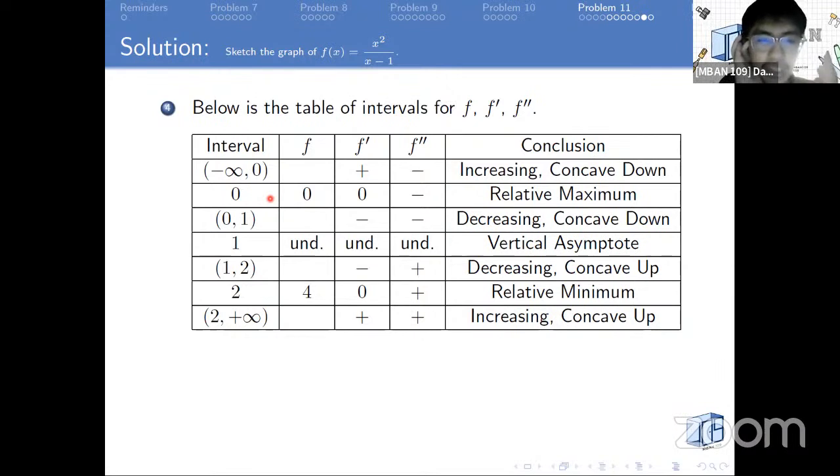Ang general rule diyan, kung may 3 kang critical points, may 4 kang intervals. Kung may 2 kang critical points, meron kang 3 intervals.